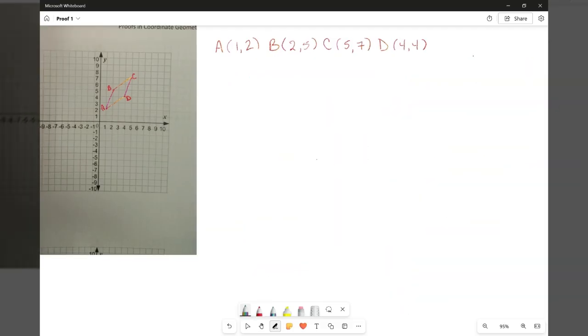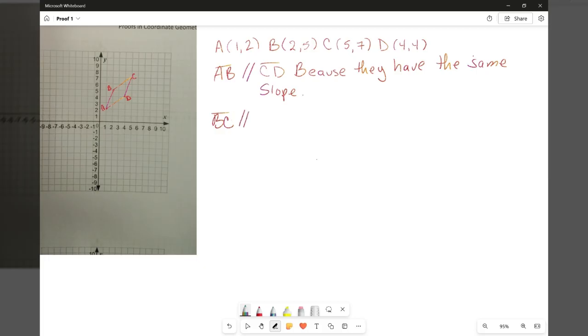All right, now that we did all the work for this, I am going to say that AB is parallel to CD because they have the same slope. And then I'm going to say that BC is parallel to AD because they have the same slope.